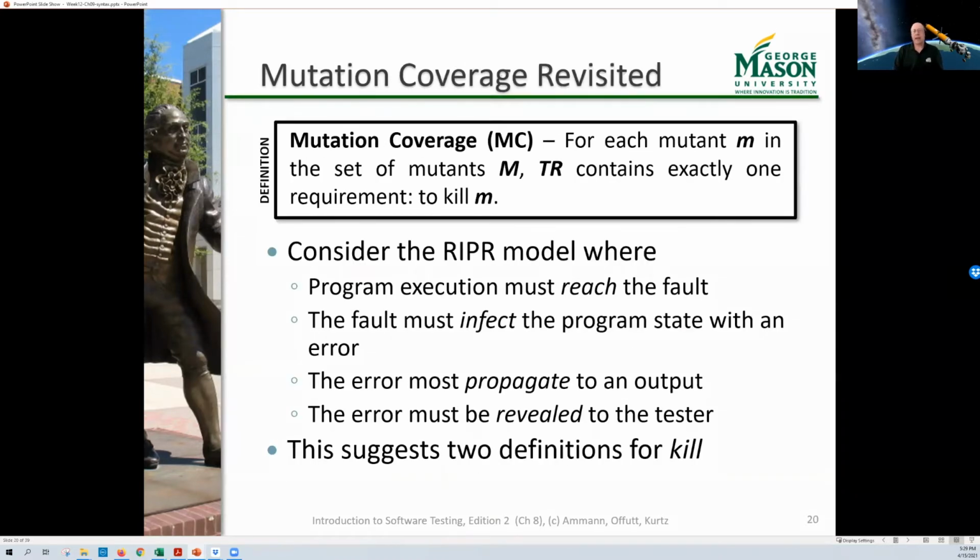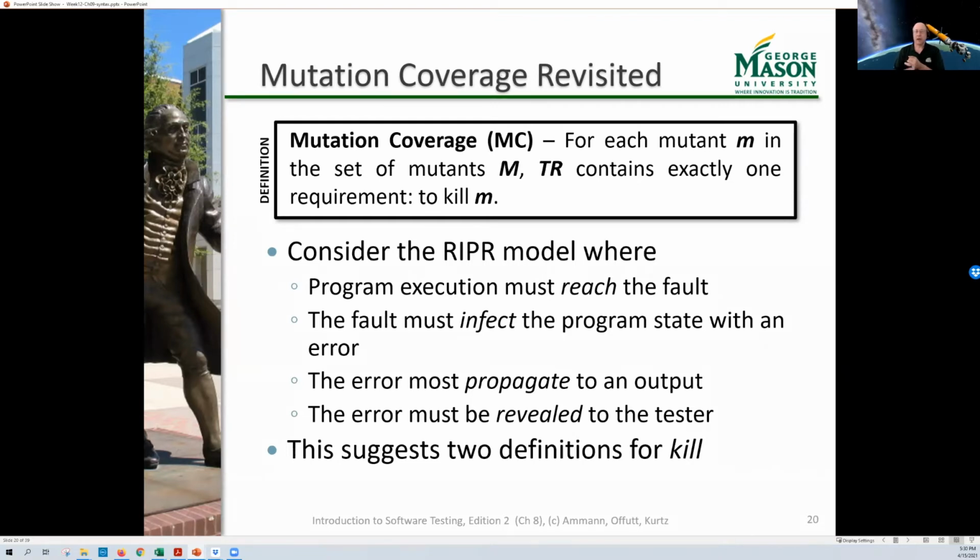So let's go back and revisit mutation coverage for a moment. So we had a requirement to have a test to kill each mutant. But what does kill really mean? So if we think about the RIPR model, going back to week 2, probably, in the RIPR model, program execution has to reach a fault. The fault must infect the program state with an error.